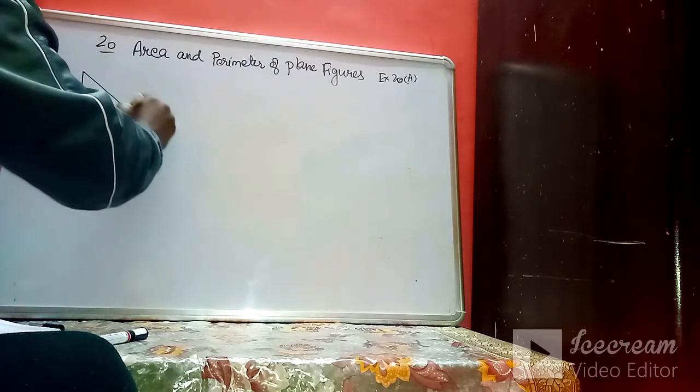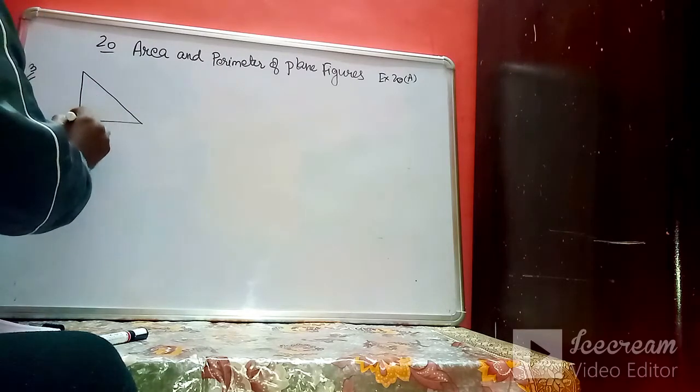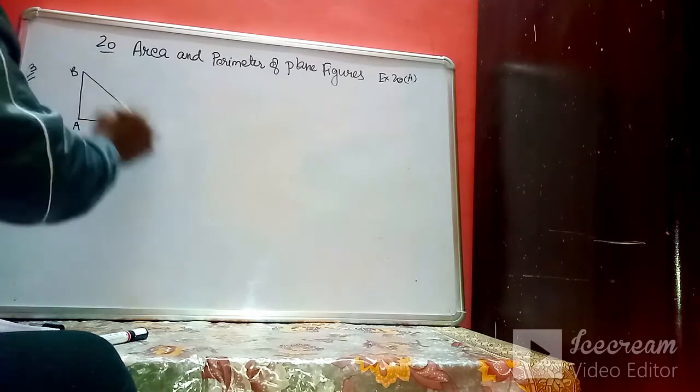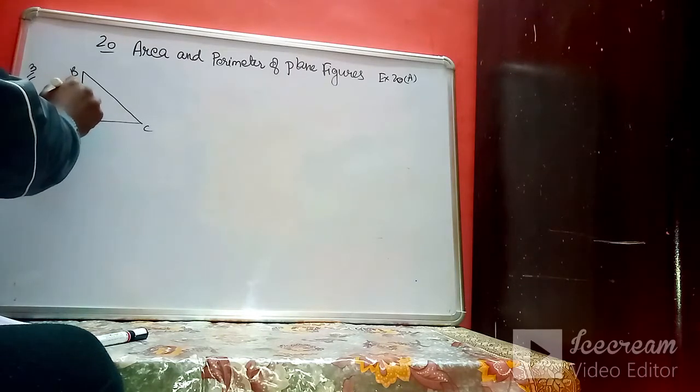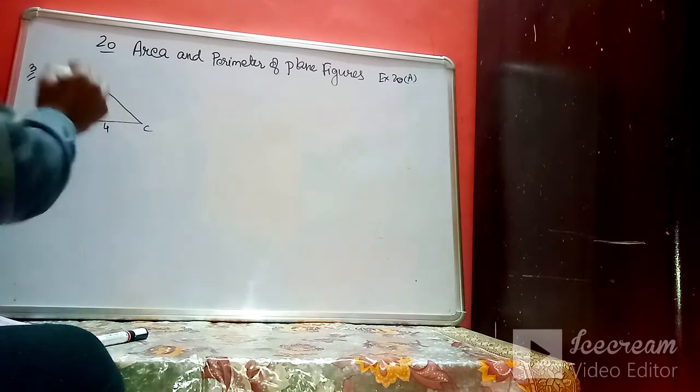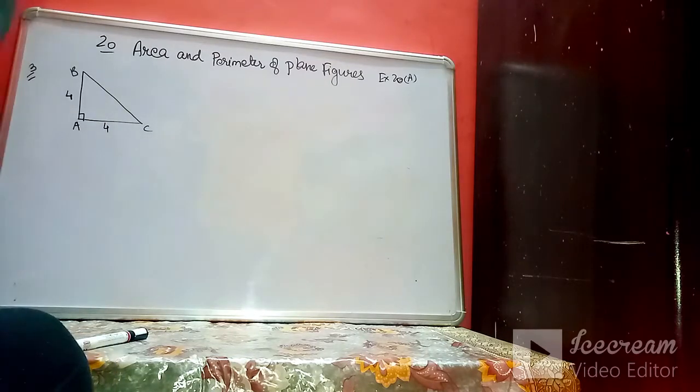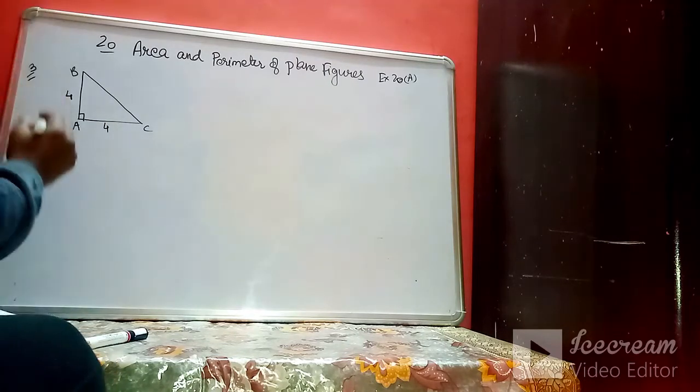So this is a right angle triangle because one angle is 90 degree. Now it is given that this is 4 and this is also 4 and it is right angled at 90 degree. Calculate the area of triangle ABC.